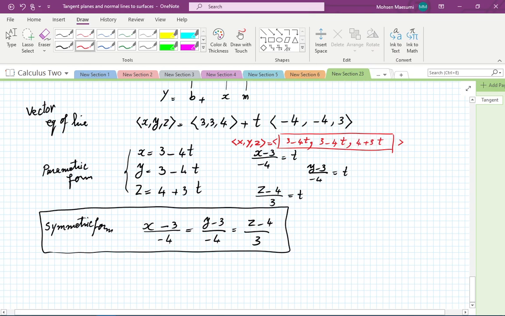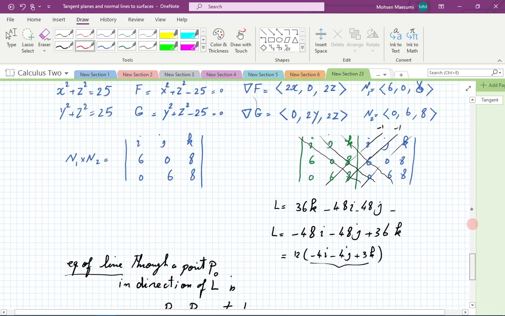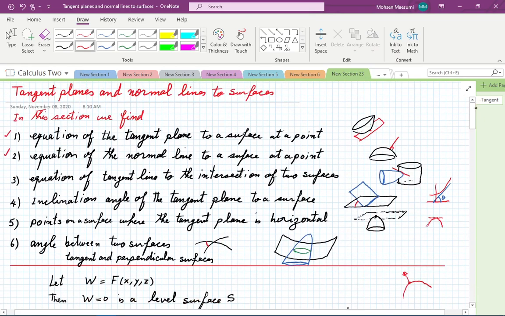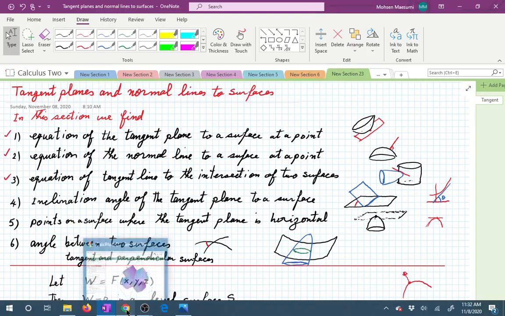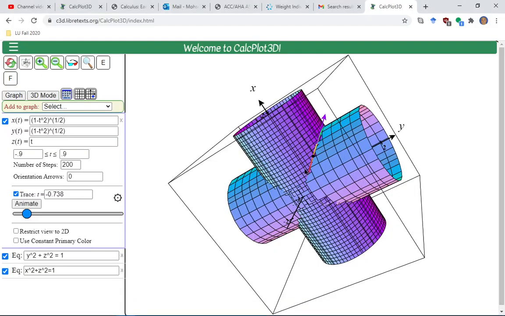Okay, so what did we do? Equation of the tangent line to the intersection of two surfaces. We spent all this time explaining what was behind it and finding this tangent to the intersection curve. That's what we did all this time.